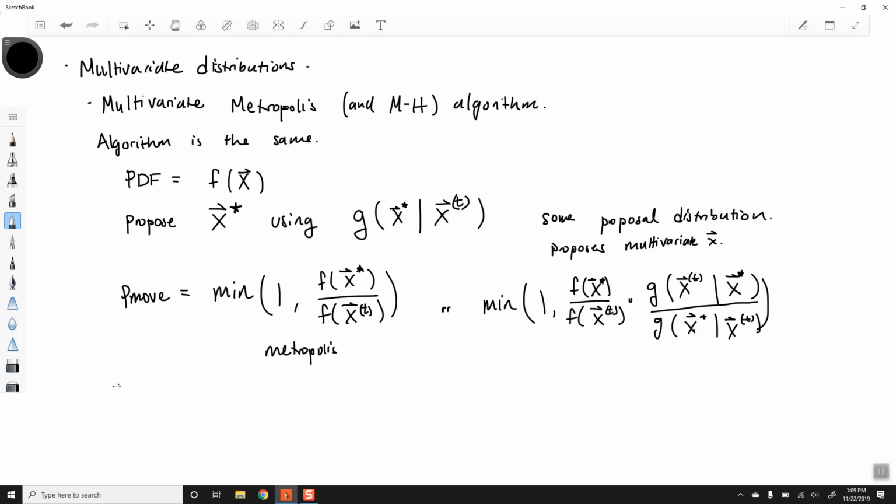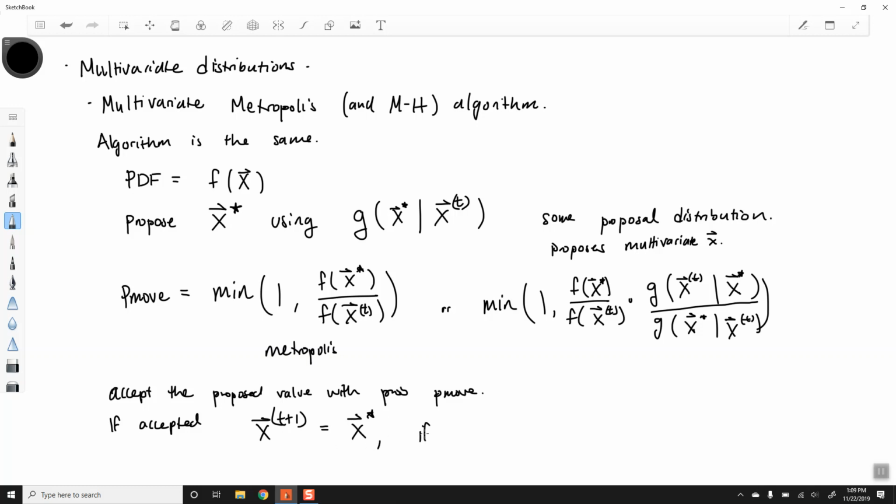And then we accept the proposed value with probability P move. If accepted, x at time t plus 1 is going to be x star, and if rejected, you just reuse the current value: x at time t plus 1 is equal to x at time t.